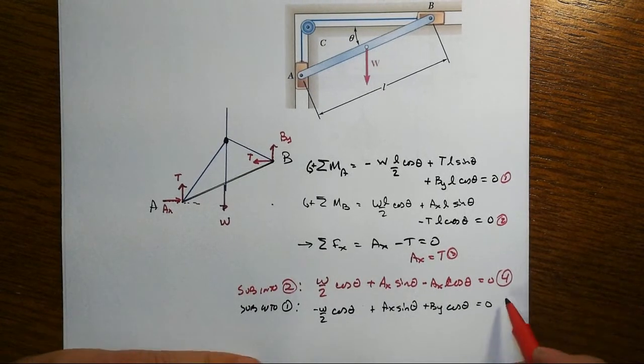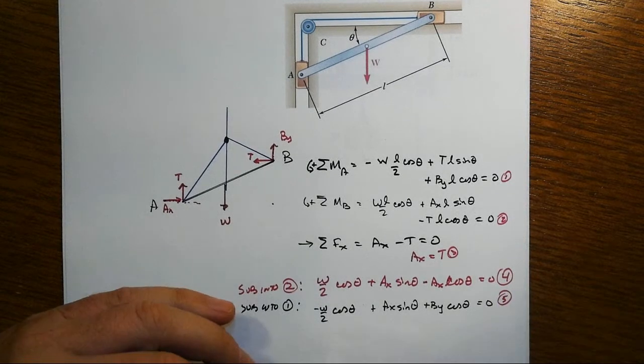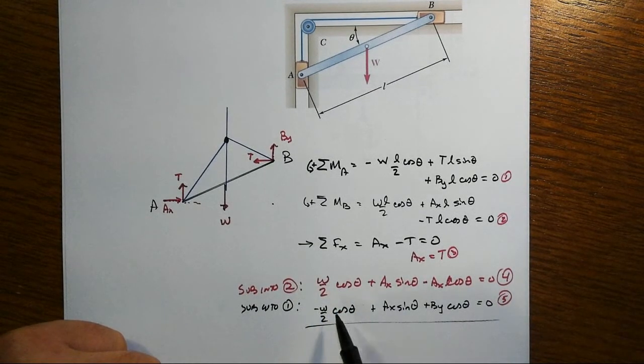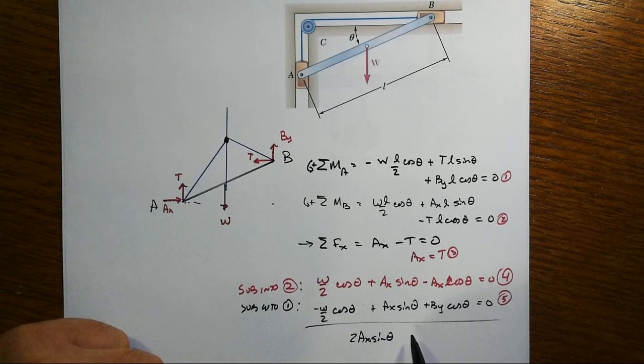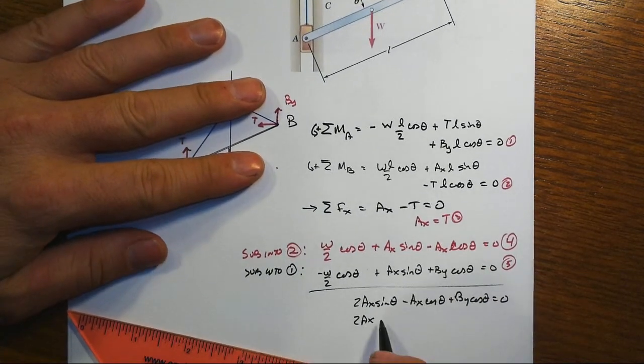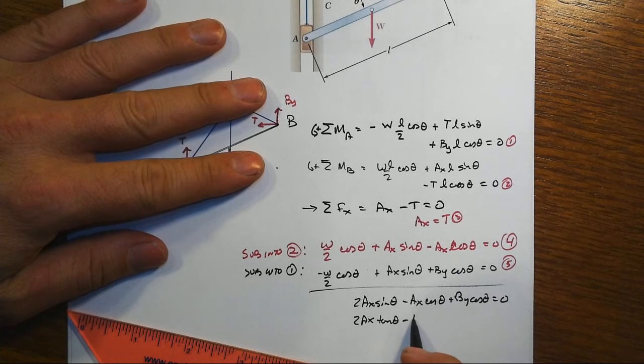That'd be equation 5. Add those two together and those go away. That's interesting: 2AX sine theta minus AX cosine theta plus BY cosine theta equals 0. Divide by cosine theta and you have 2AX tangent theta minus AX plus BY equals 0.